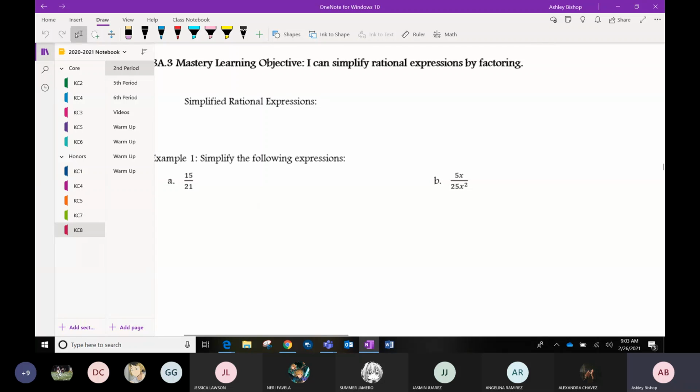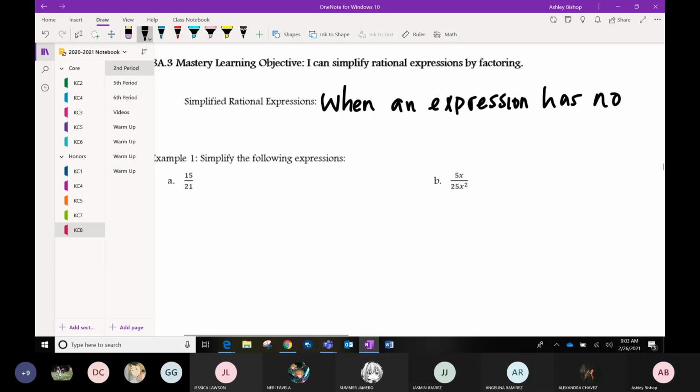It's when an expression has no common factors in the numerator or the denominator.